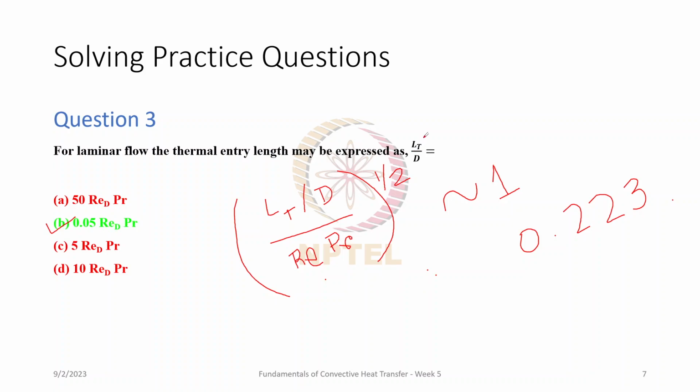So that's why LT by D is given as 0.05 into Reynolds number into Prandtl number. So instead of 1, what we get is 0.223.